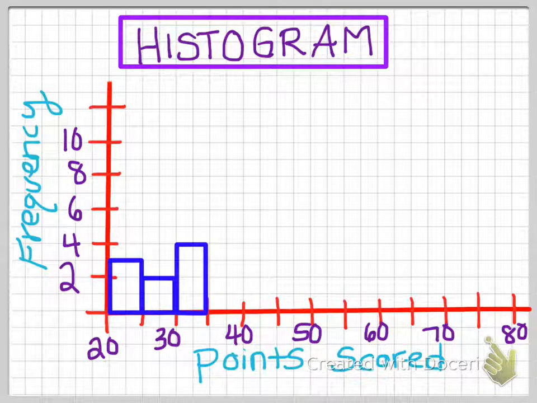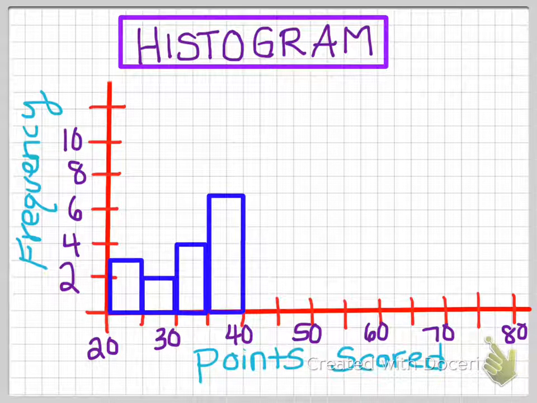Okay, so I will help you along instead of going back and continuing to look through all the data. So we have total points scored in a Super Bowl, the frequency from 35, including 35, to 40 was 7. Then from 40 to 45, but not including 45, was 4.